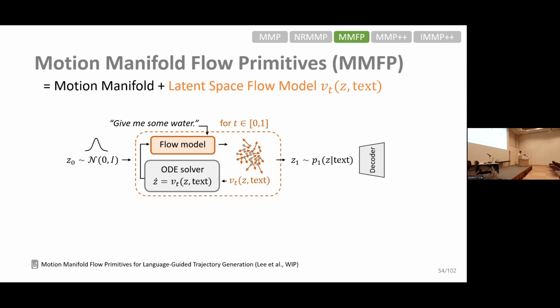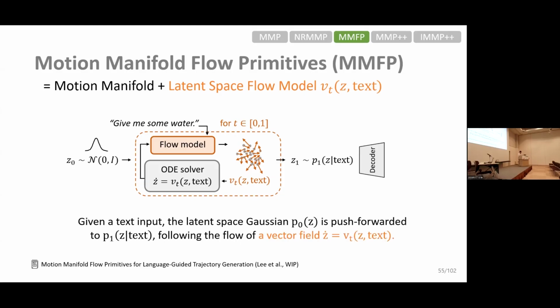Starting from Z0, passing through the ODE solver, becomes Z1, a sample from the text conditional distribution. In other words, given a text input, the latent space prior Gaussian distribution is pushed forward to P1, Z-bar text, following the flow of a vector field.